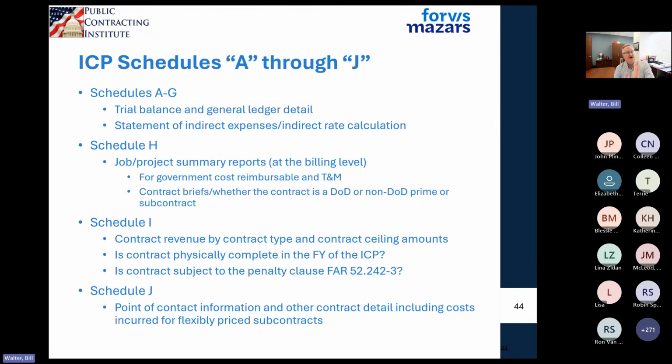It will identify my direct labor costs, my direct material costs, any other direct costs that you have will be in the columns. And then it applies those indirect rates that were calculated up on Schedule A to the direct labor, to the total cost input, to the material subcontract costs, et cetera. So basically, Schedule H is a detailed recap of all of your jobs, truing up provisional rates to actuals.